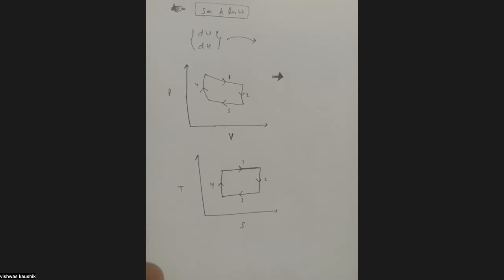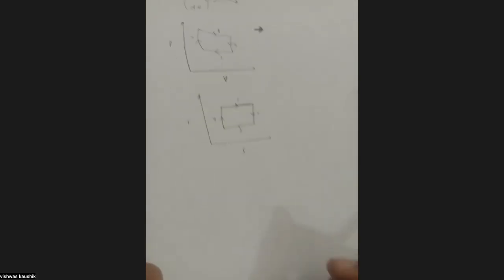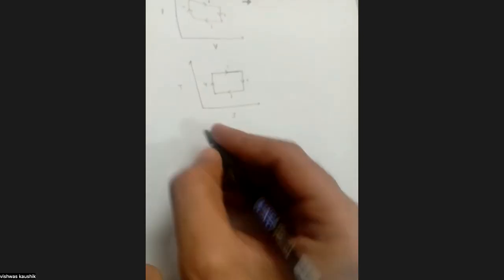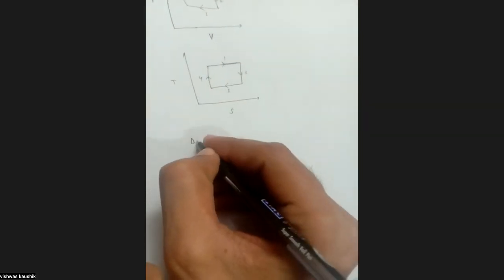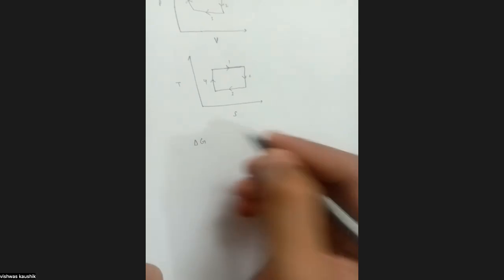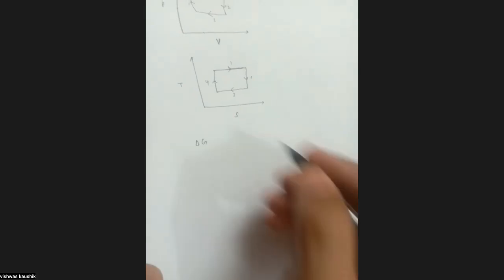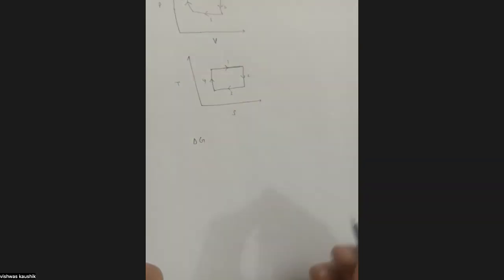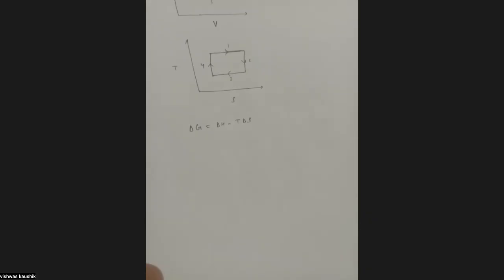What is Gibbs free energy? Gibbs free energy is represented by ΔG = ΔH − TΔS.